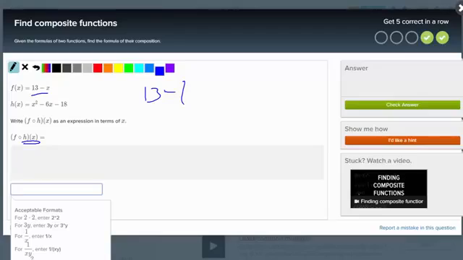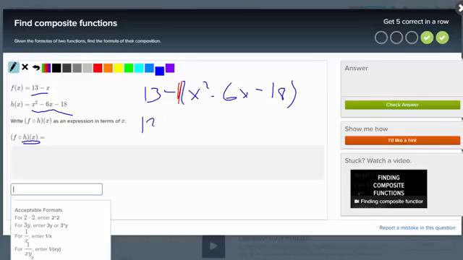When I have multi-terms like this and all craziness, I definitely want to put it in parentheses. x squared minus 6x minus 18. So I want to remember when there's a minus in front of a parenthesis, actually there's a 1 there that wants to be multiplied through, so let's do that.